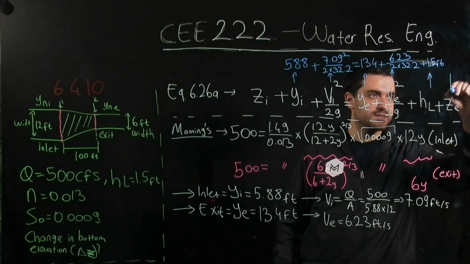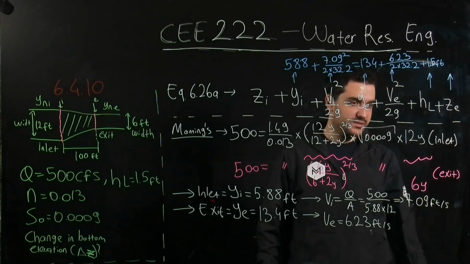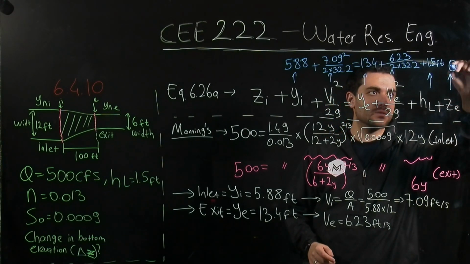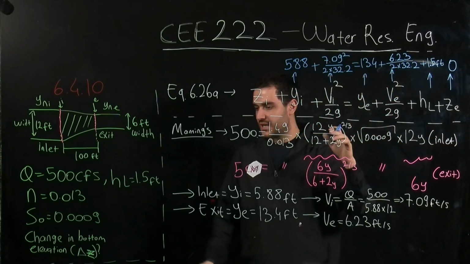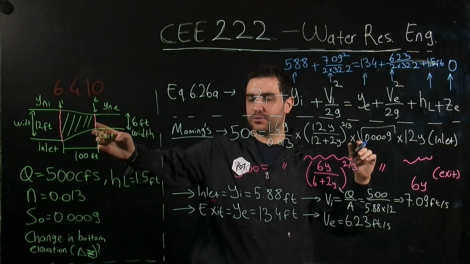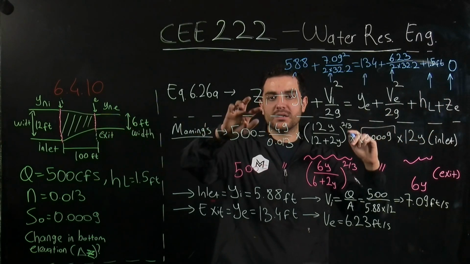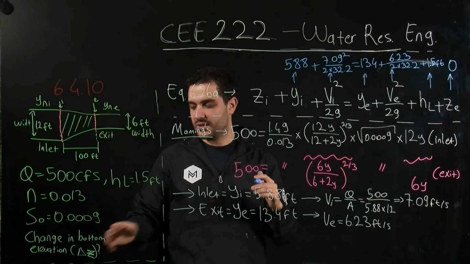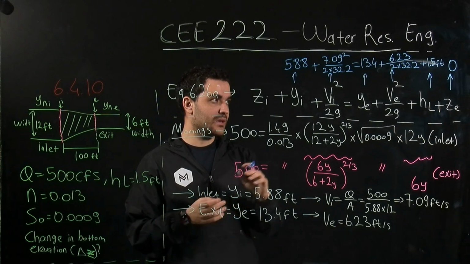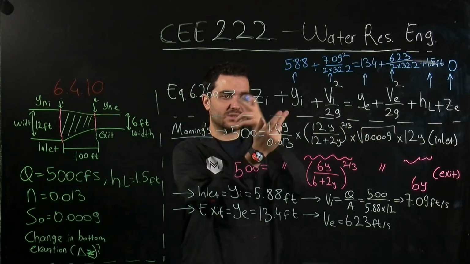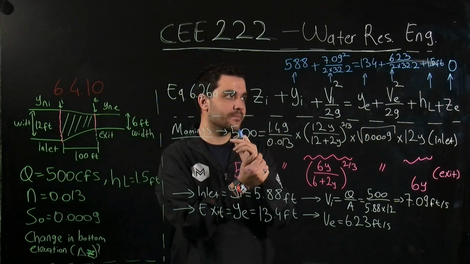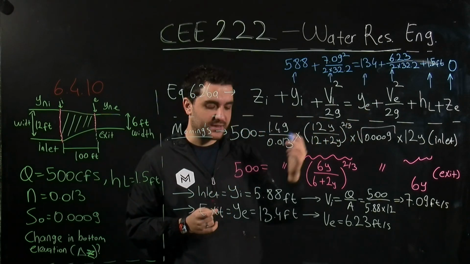Let's take this as the reference point, so that we can assume the channel bottom elevation at this point is 0 and calculate the change in bottom elevation. You could do the opposite direction, but we can go with that.